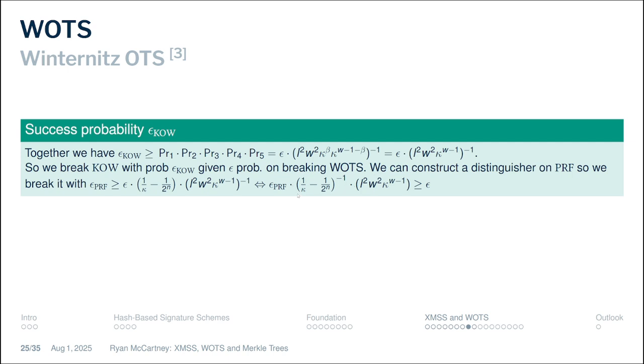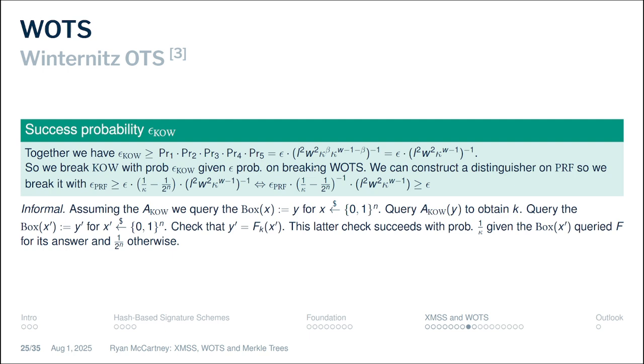And this term is easily explainable by this informal proof here, which is that we have this key one-wayness adversary we just constructed one slide earlier. And we now have two queries to the box oracle, which again picks either a random function from the domain to codomain, or our function that we want to prove as being pseudo-random.